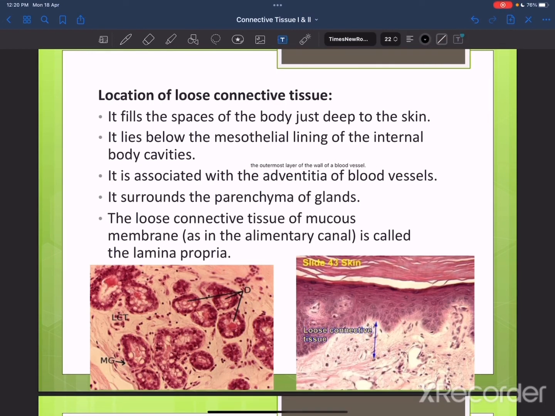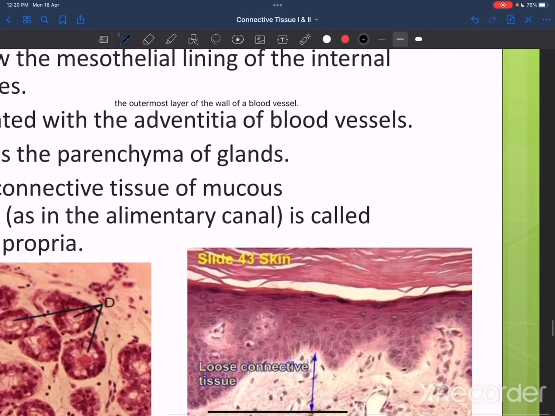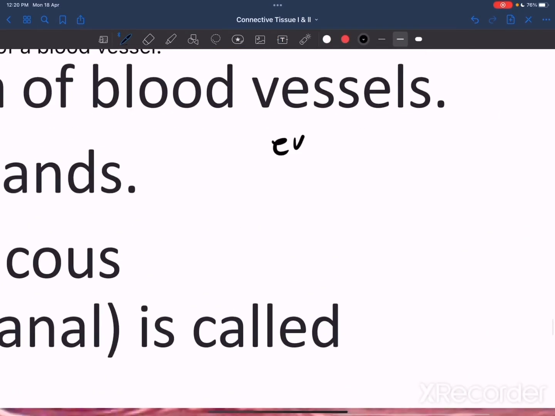Every organ in the body has parenchyma and stroma. Parenchyma contains the main functioning part of that organ. For example, in a gland, it contains the secretory portion that synthesizes the hormones and the enzymes.